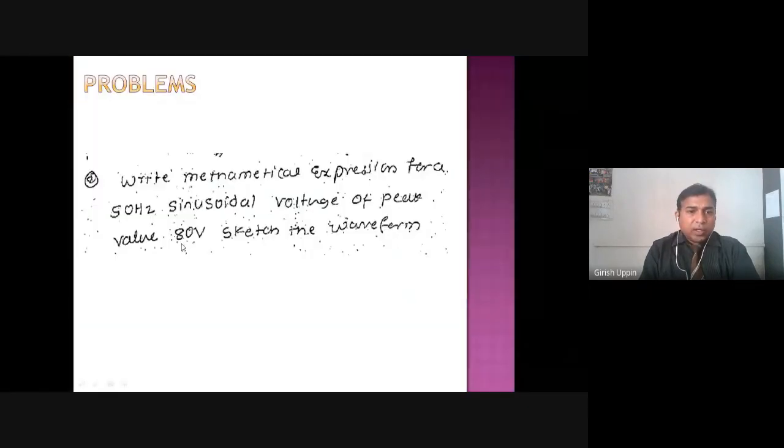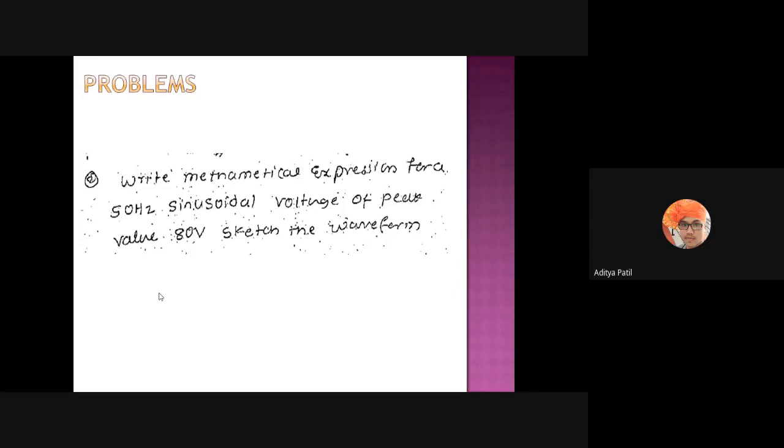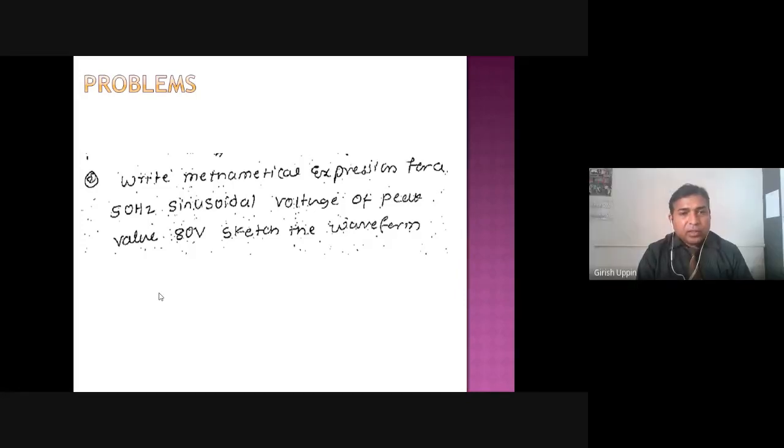All the alternating quantities are represented in the format: instantaneous value is equal to peak value and the sine of the angle. In this case, lowercase v is equal to Vm sin 2 pi ft, isn't it? What is the answer for this, the mathematical expression?